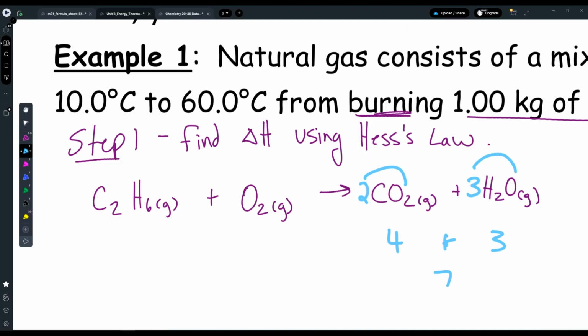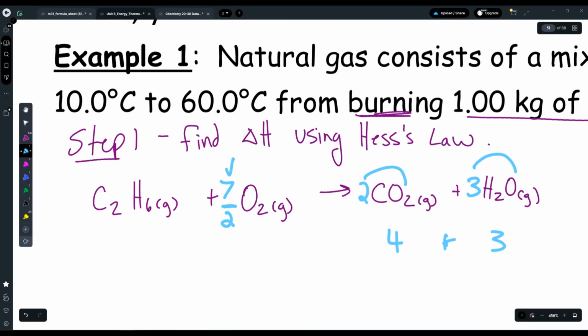We have 2 oxygens going in, and on the product side we have 4, and then we have 3, so we've got 7 coming out. Okay, so the easiest way to figure out how to balance this, I just like to go to my reactant side, oxygen, and put it just very briefly as a fraction. The 2 just comes from this 2 right here in the denominator, and then what I'm going to put in the numerator is the number of oxygens that we have on the product side.